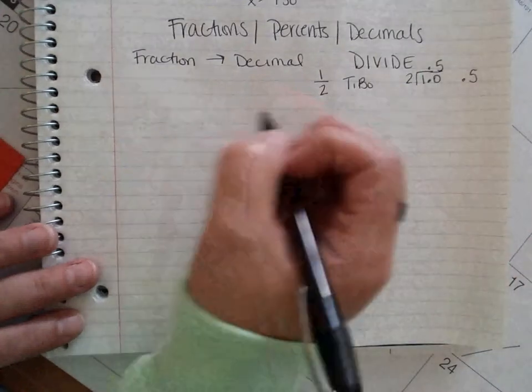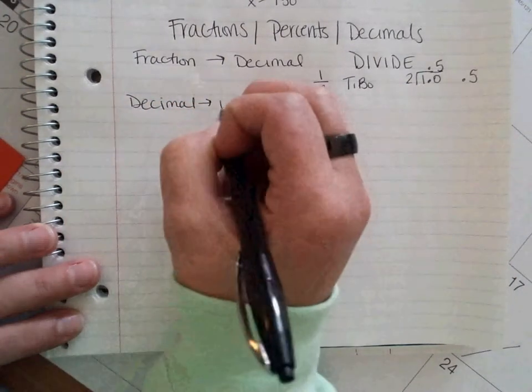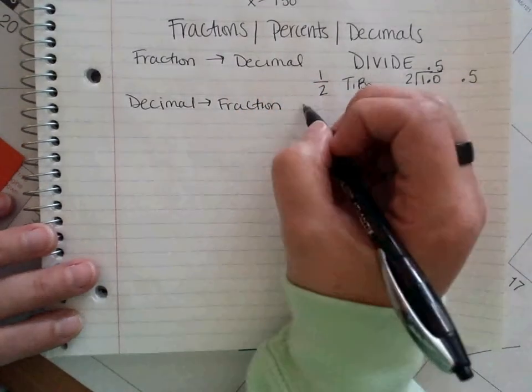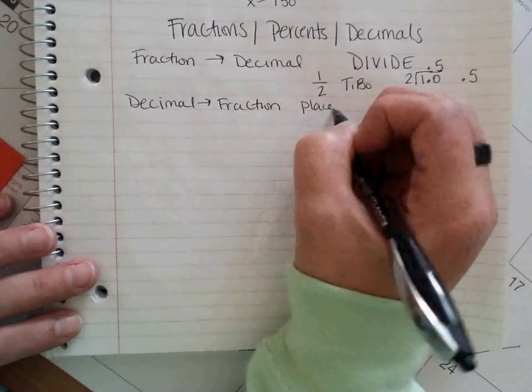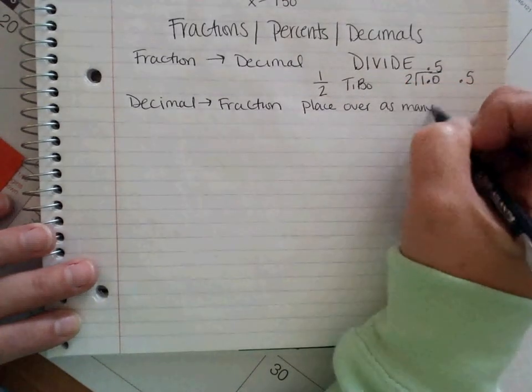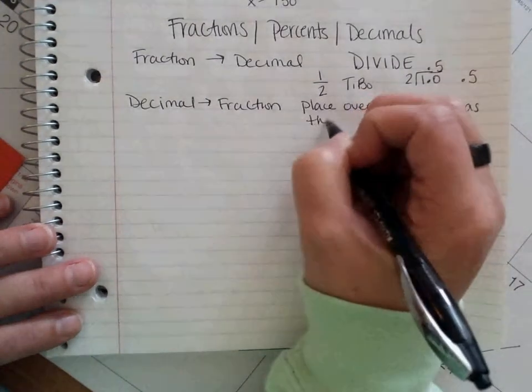And whenever you go from a decimal to a fraction, all you do is place it over as many zeros as the number.